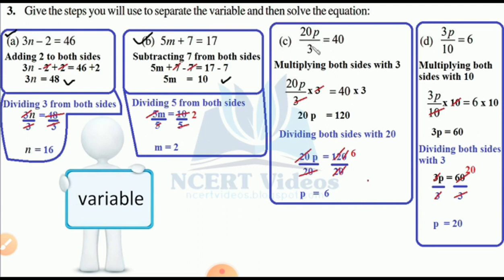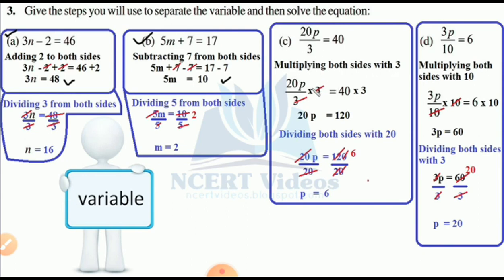C. 20p upon 3 is equal to 40. Multiplying both sides with 3. So we can multiply 3 on both sides. We will get 20p is equal to 120 because 40 into 3 is equal to 120.